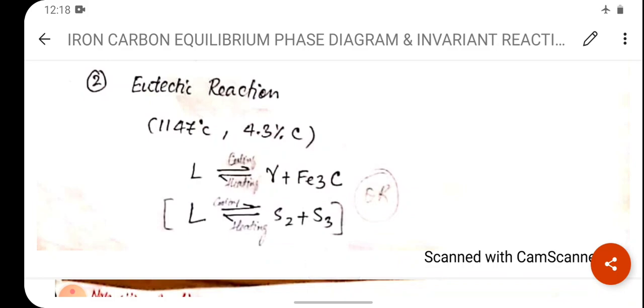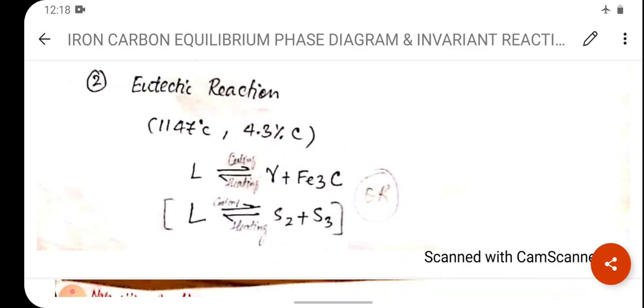This reaction will take place at 1147 degrees Celsius and 4.3% carbon. Imagine the diagram: at 4.3%, that is at point C, I named it.